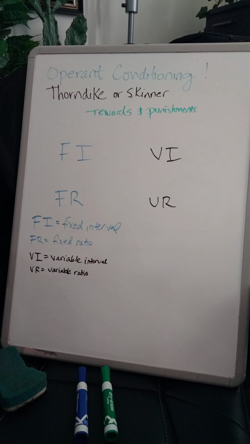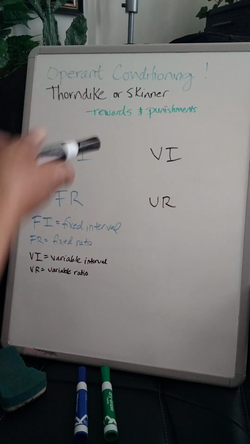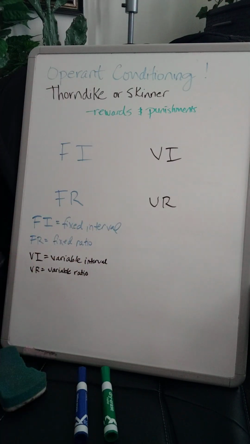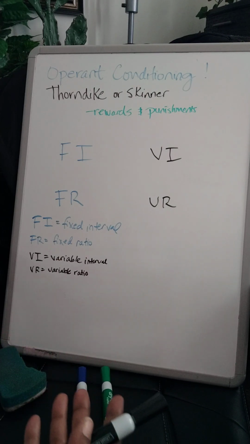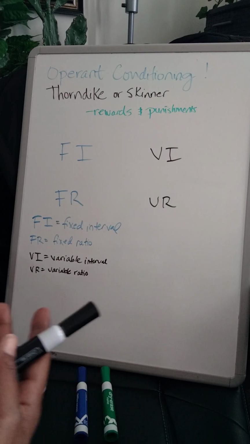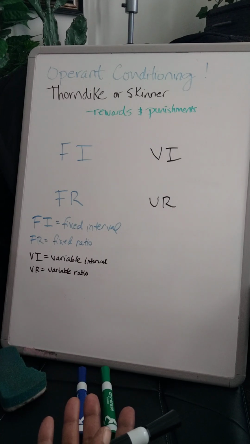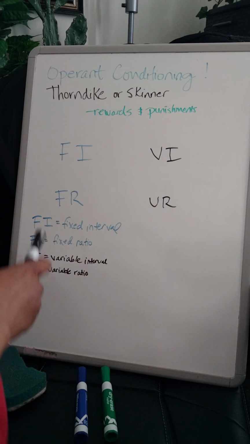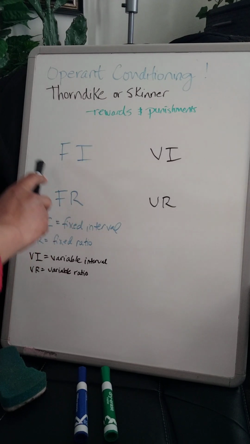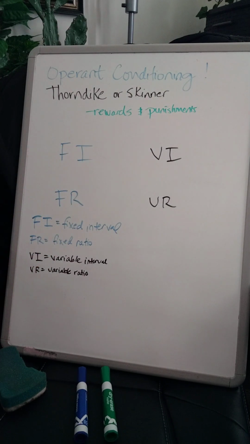So what I'm going to do is explain what is going on here. Remember, we're looking at rewards and punishments. We're reinforcing a behavior after it's applied a certain amount of times, or if we get a number of responses. In our fixed interval, we're going to look at reinforcing a behavior after a fixed period of time, as long as the behavior is emitted at least once during the interval.